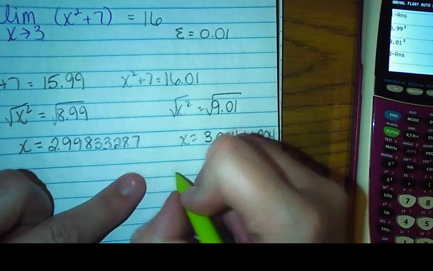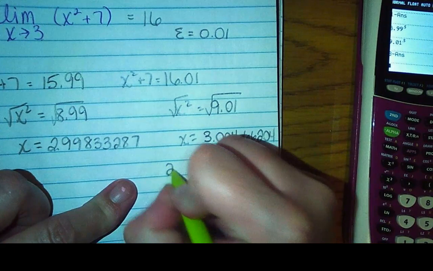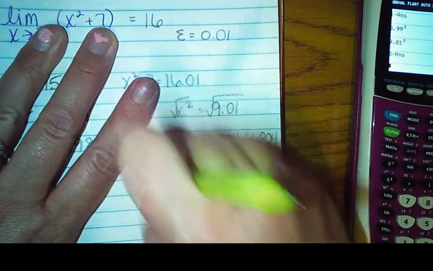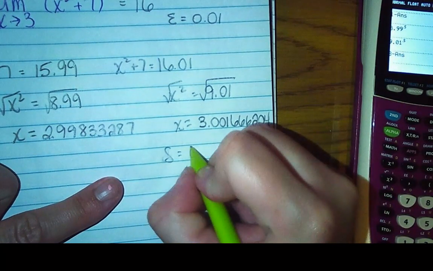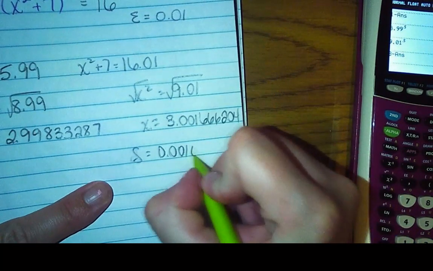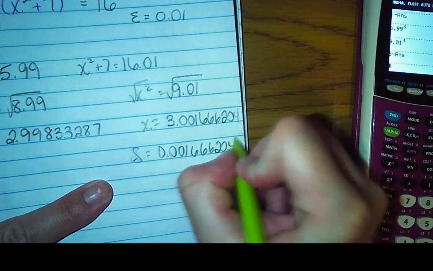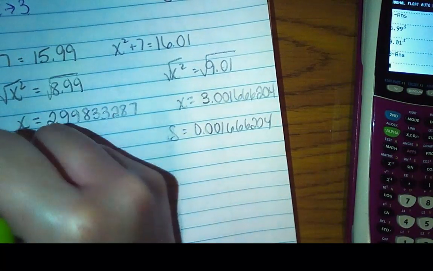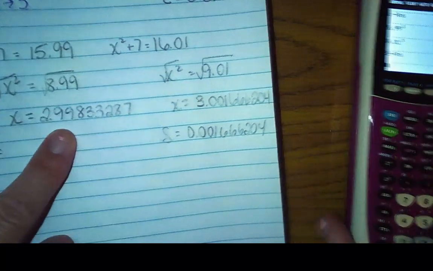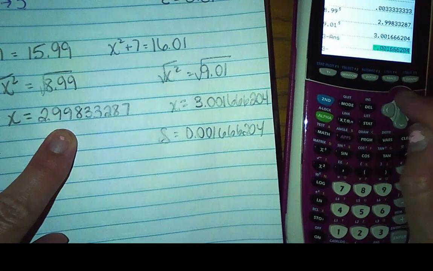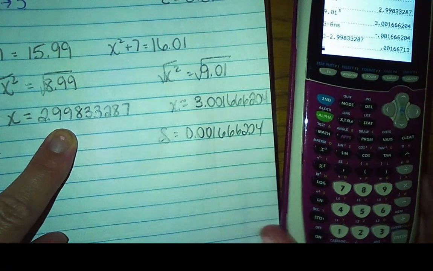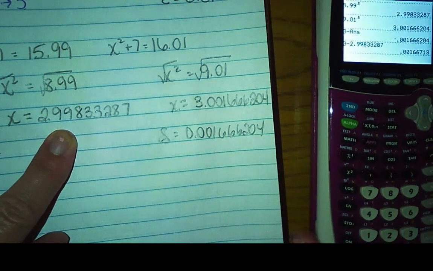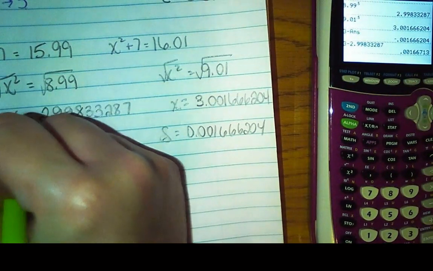All right, so this delta is going to be 0.001666204. This delta is going to be, so do 3 minus, and I get 0.001666713.